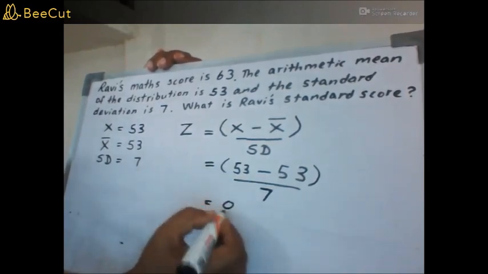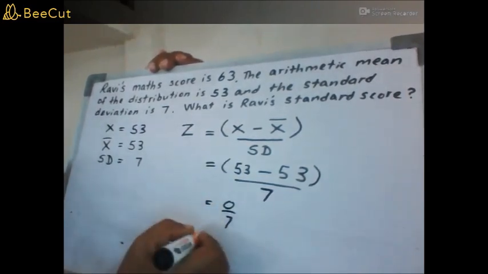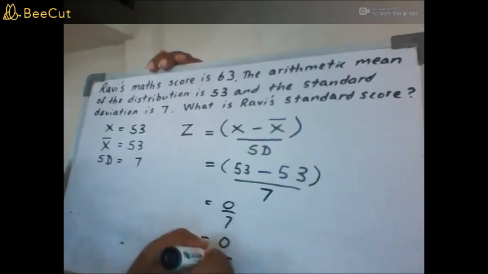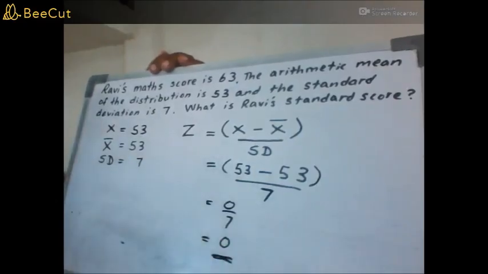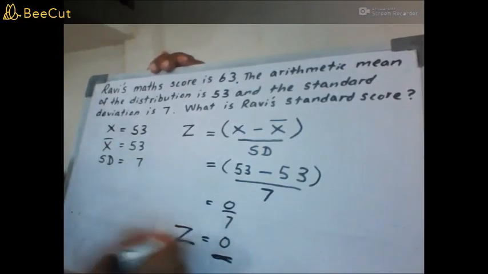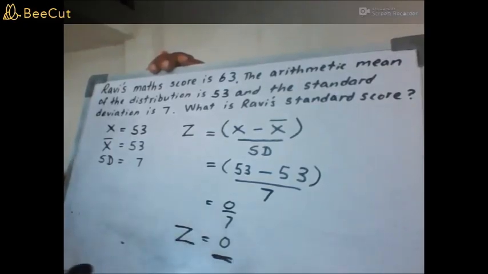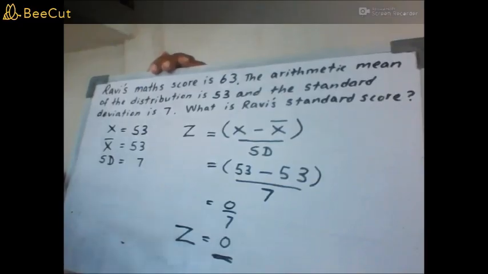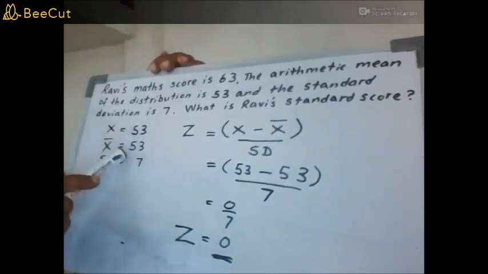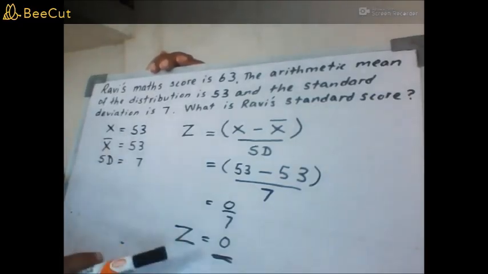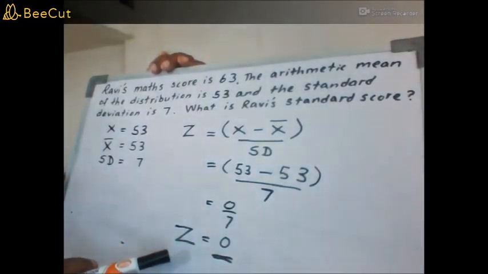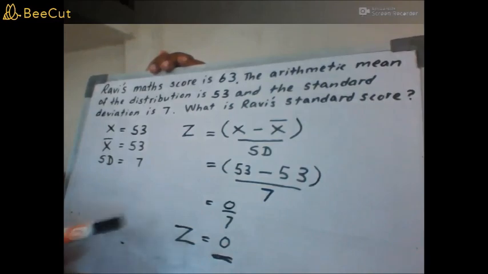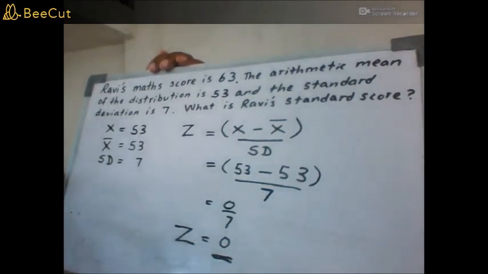The answer is 0 divided by 7, so the final answer is Z equals 0. How would you interpret this? Kuma has scored the average mark, 53. You can see from here also, 53, 53. We can't say Kuma has scored 0; Kuma's Z score is 0, which means he has scored the average mark.